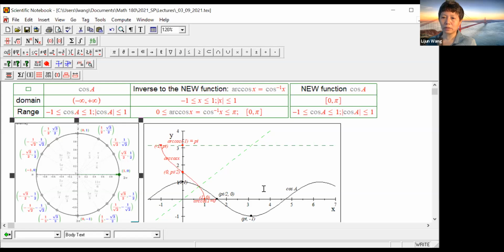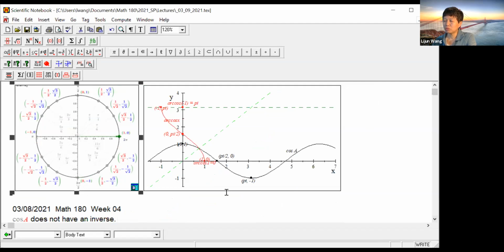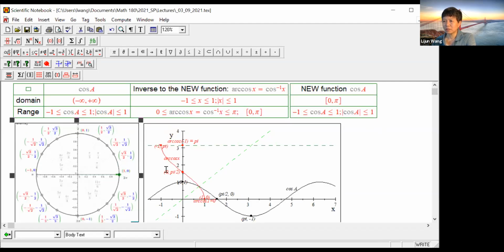That's my diagnosis. After yesterday's class, I marked on these points. I want you guys to take your time to really understand the curve.